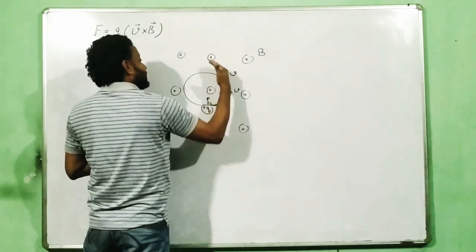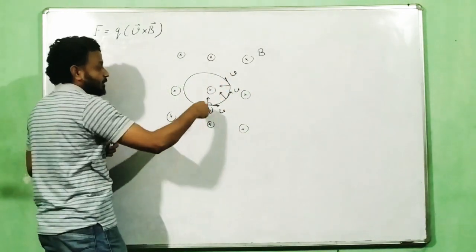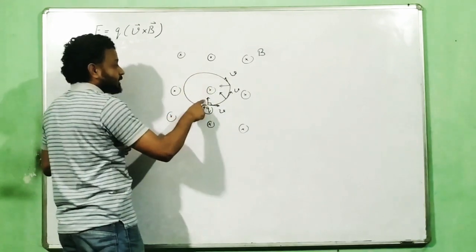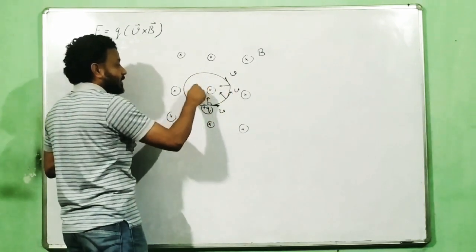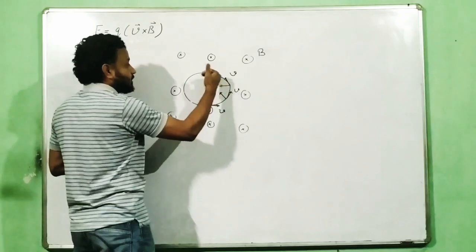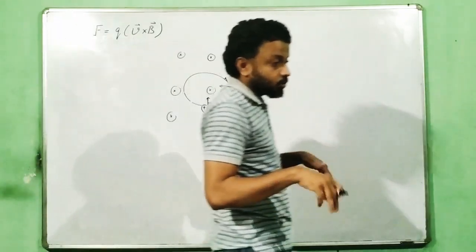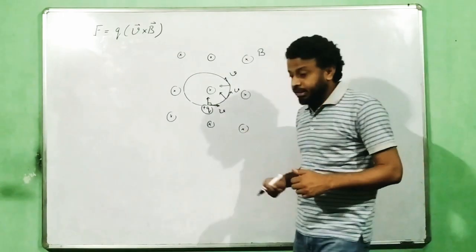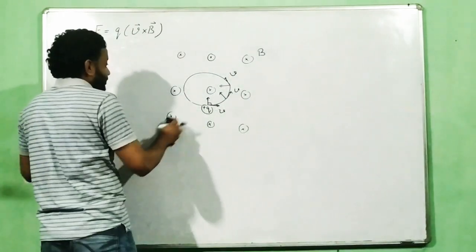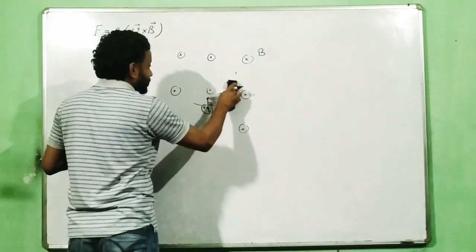Since this force is acting continuously, which is trying to bend the direction of velocity, it will start experiencing a circular motion. And that circular motion is what we are going to discuss now.